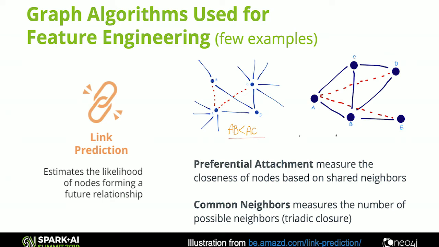That basically recognizes that in most networks, if you have a large network, you're more likely going to bump into another node and acquire it in your relationships than somebody with a really small network. We also use common neighbors. That measures the number of possible triangles in the neighborhood.